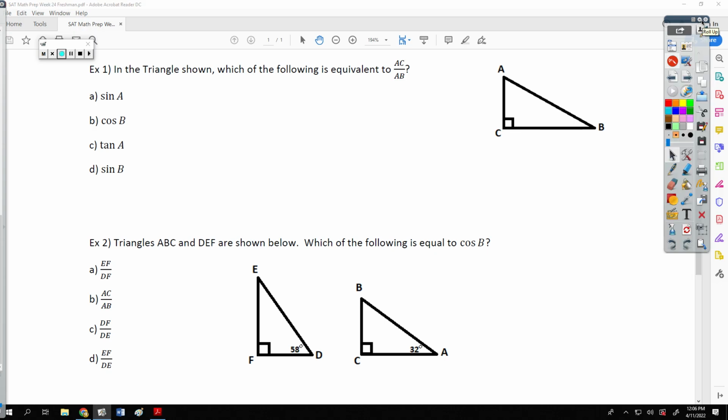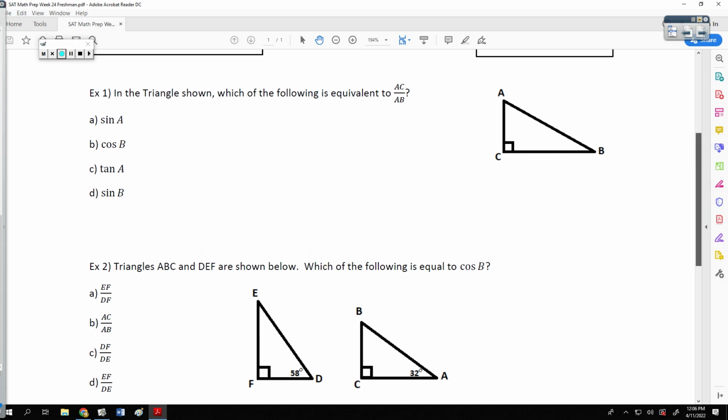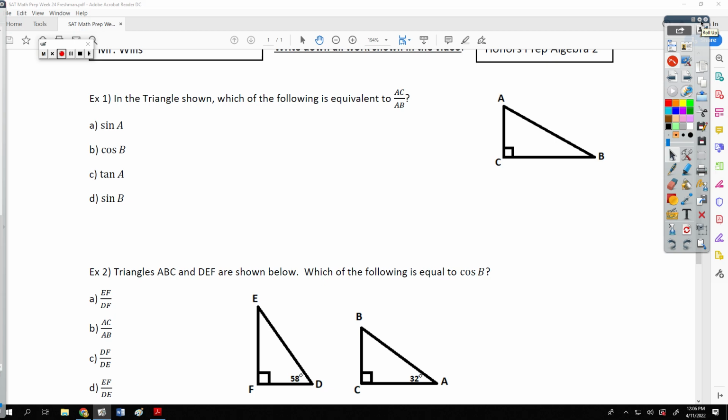First problem here says, in the triangle shown, which is triangle ABC to the right there, which of the following is equivalent to AC over AB? Now when we see AC over AB, we have to realize that that is a ratio and that we're dealing with a right triangle, which means this is a SOHCAHTOA problem, which should also be seen there in the answer possibilities.